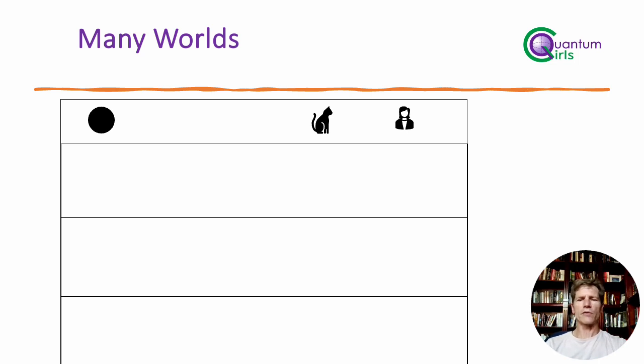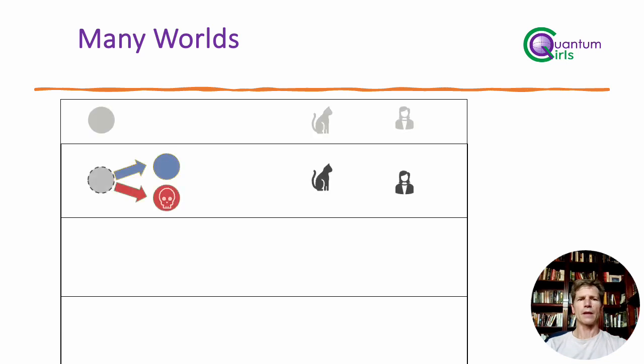So let's break that down a little more. We start off with a particle, a cat, and a person. That particle either does decay down the bottom, or it doesn't decay and it's blue and it's fine up the top. When that first happens, we still have the cat and the observer, the person who's going to look in the box. They're fine, the cat's alive, the person's still fine, not in a superposition.